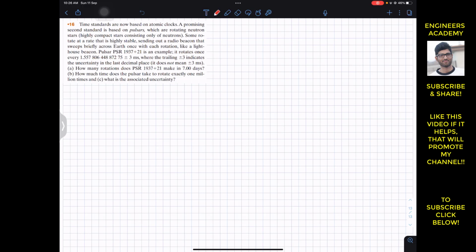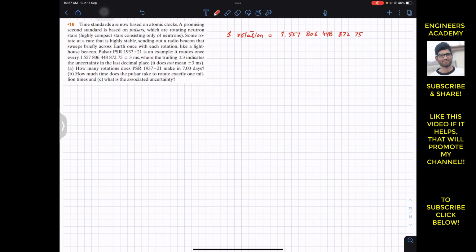So we can write that one rotation is equal to 1.557806448872 75 milliseconds, plus or minus 3.